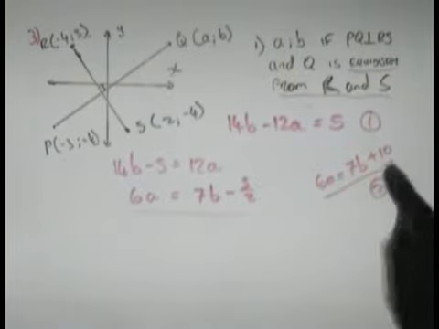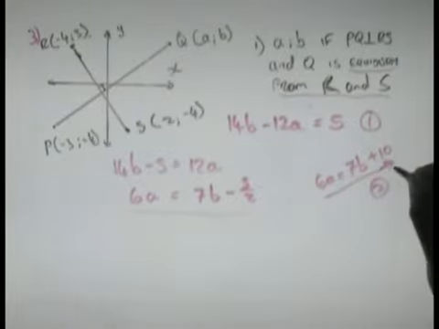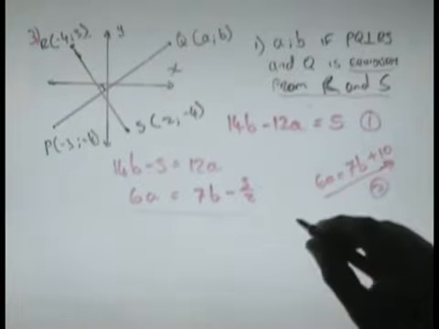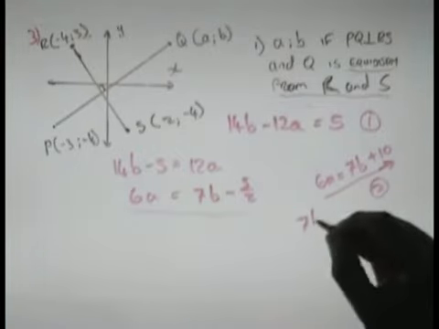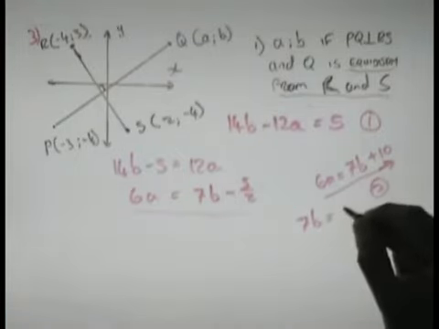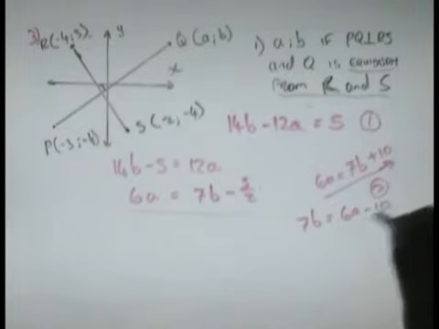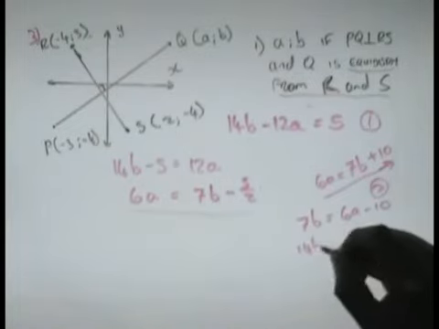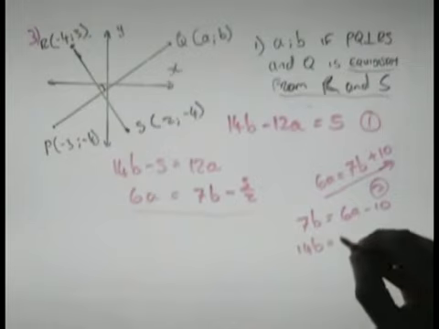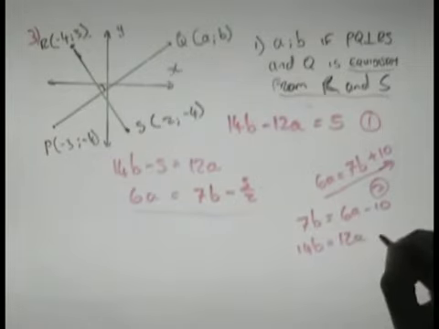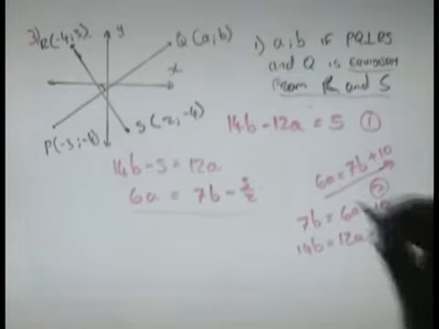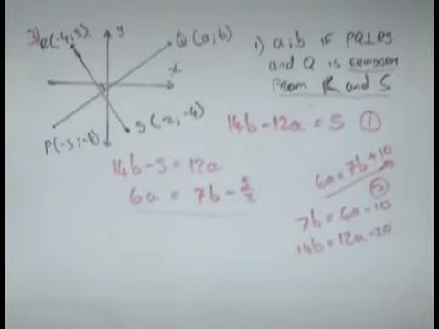What I think I'm going to do with this one rather is get it in the form 7b is equal to 6a minus 10. That means that 14b is equal to 12a minus 20. Again, if I substitute it in, I'm going to cancel.